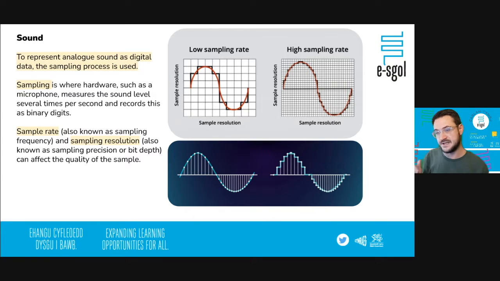But on the left-hand side, you can see that the sample resolution is quite coarse. So you can see there, because the blocks are so big, that it really has to cut corners, and it isn't really representing that curved sound wave very well at all. Remember, when these are turned back into sound for us to hear, well, the original sound wave isn't there. The original sound wave was analog, and that's gone.